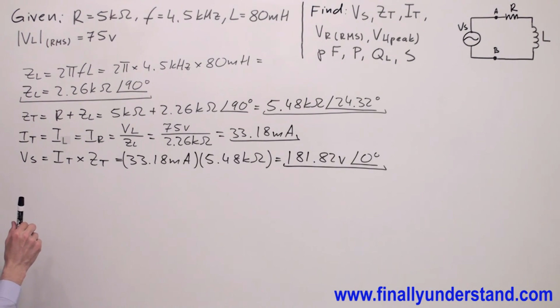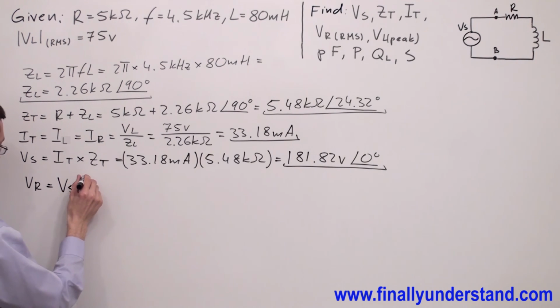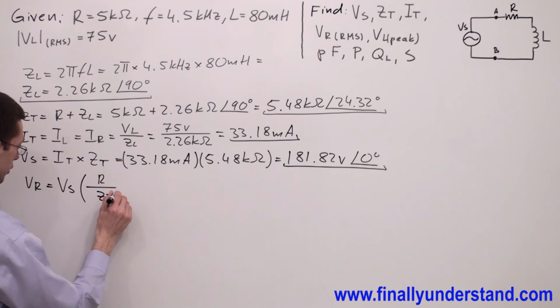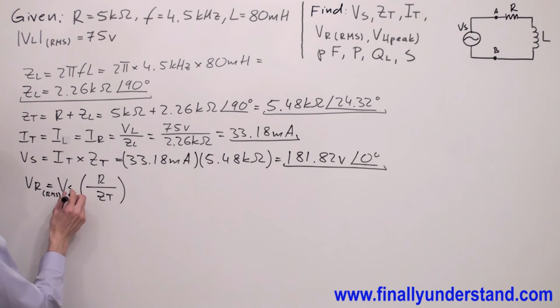Next, I'm supposed to find the voltage across the resistor, RMS. So VR is equal to, I'm going to use the voltage division law, voltage source times resistance over Z total. I'm looking for the RMS value, so I'm going to use the voltage source, which is already RMS.